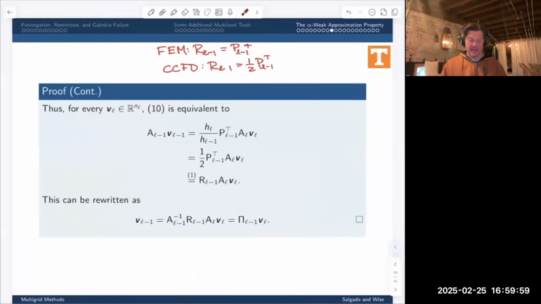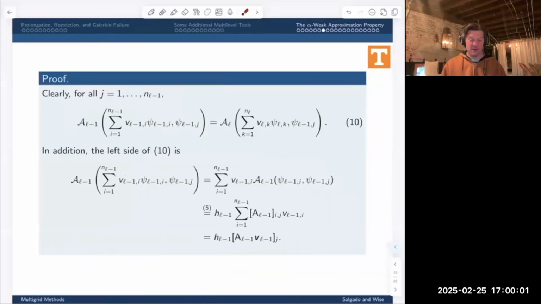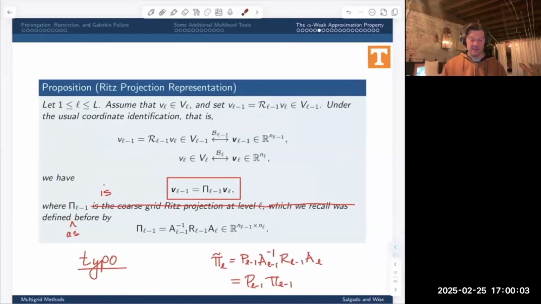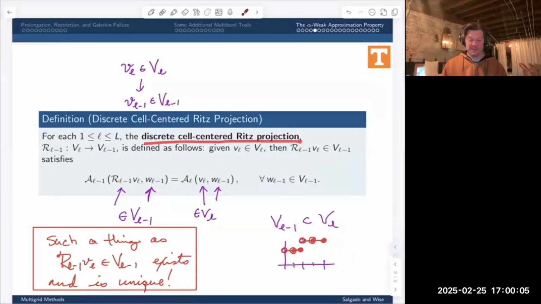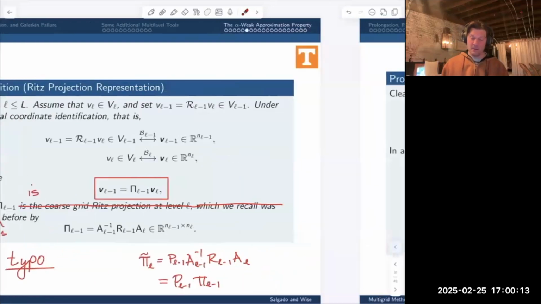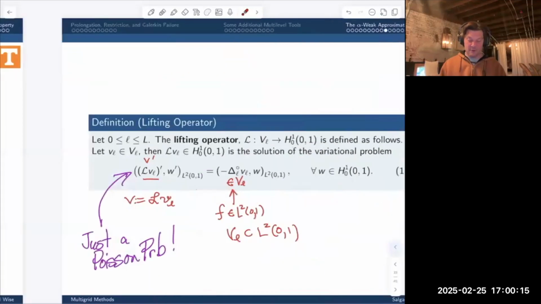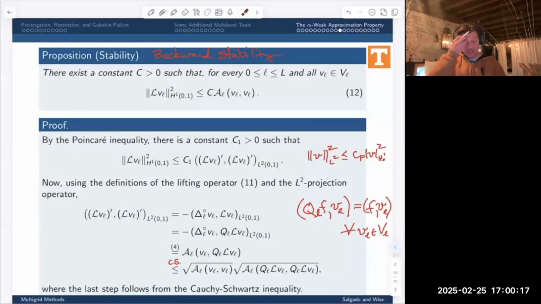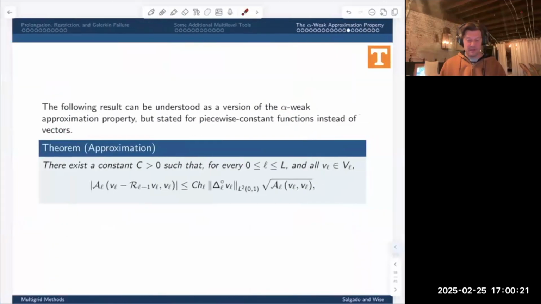Previous to that, we had this operator called the discrete cell-centered restriction projection operator. We showed that that's related to an operator that we've seen before. We're now amassing all the tools that we need in order to dive into the big theorem here at the end, which is our alpha-weak approximation property.